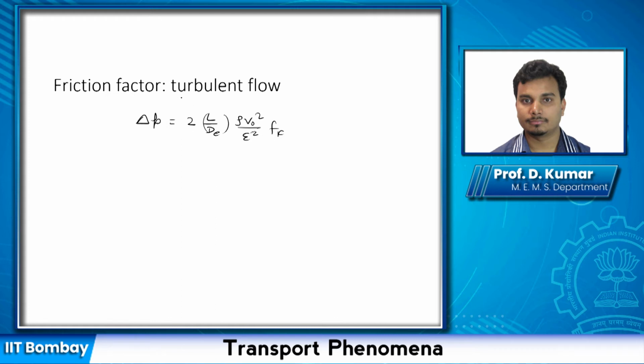So now if the flow is turbulent, then we expect this friction factor to be independent of Reynolds number if the roughness is very high. If you remember your friction factor versus Re plot, in the turbulent regime you have this, and as you increase roughness it becomes this, and at very high roughness it is actually independent of Reynolds number.